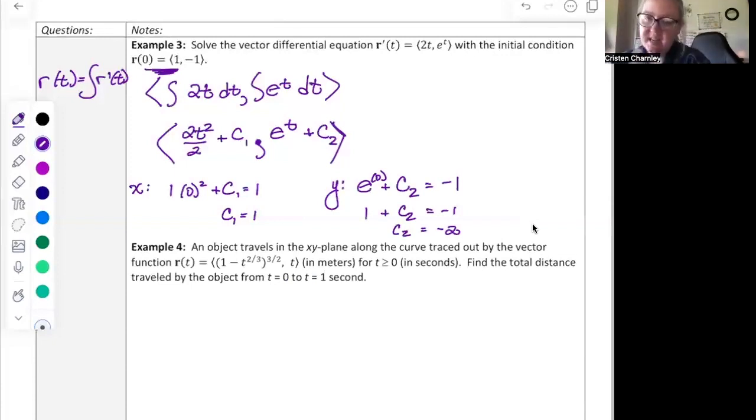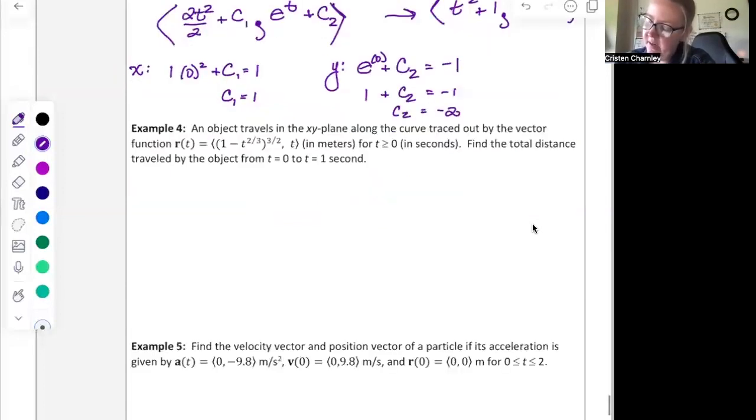When I put these together, I just rewrite my vector function with the c values. So I have ⟨t squared plus 1, e to the t minus 2⟩. And that's our final answer, solving that initial condition.